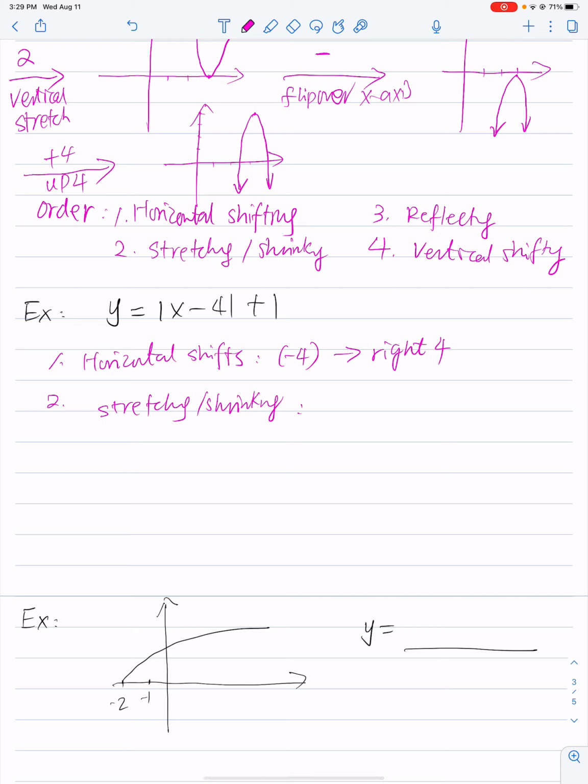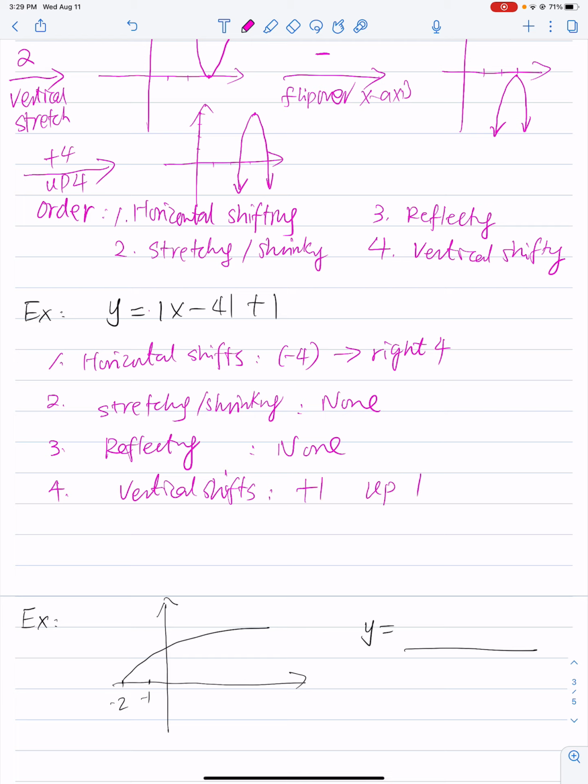Nothing. So none. Reflecting means, do we have a negative sign in front of this? None. And vertical shifting, we have a plus 1, which means go up 1.